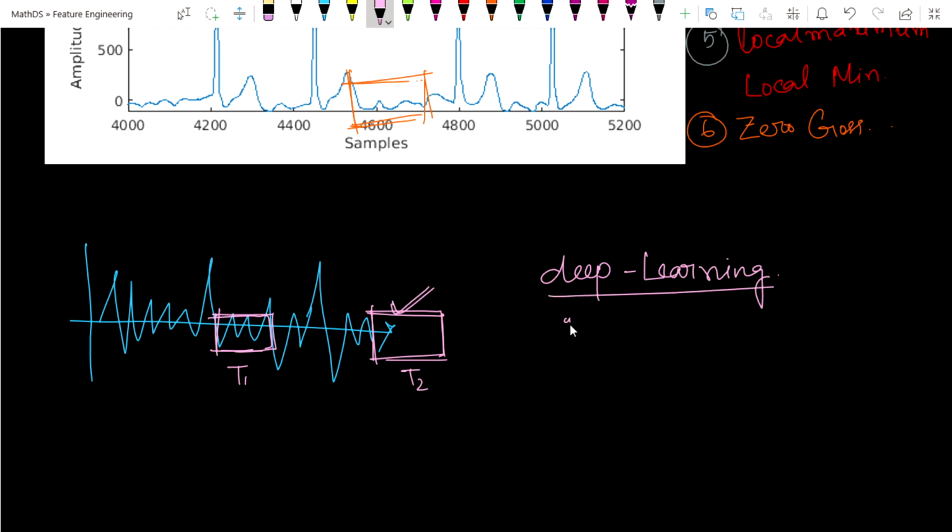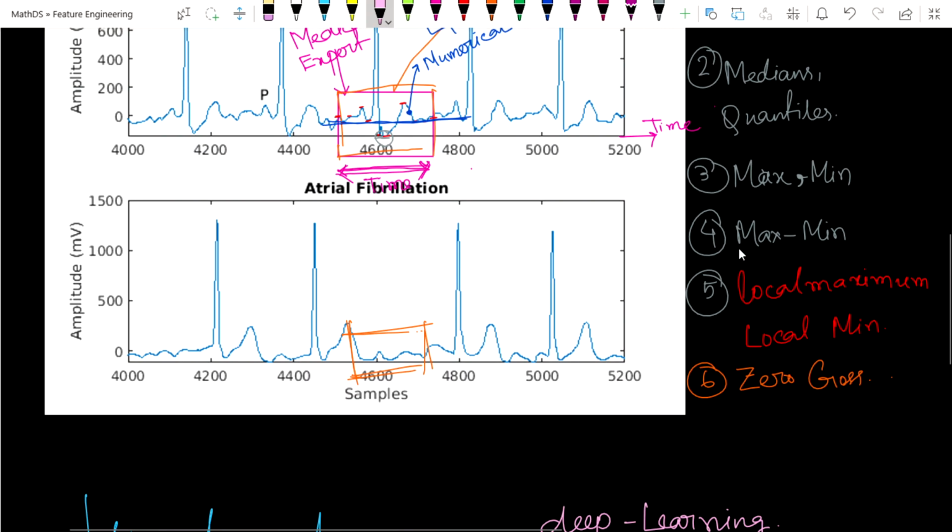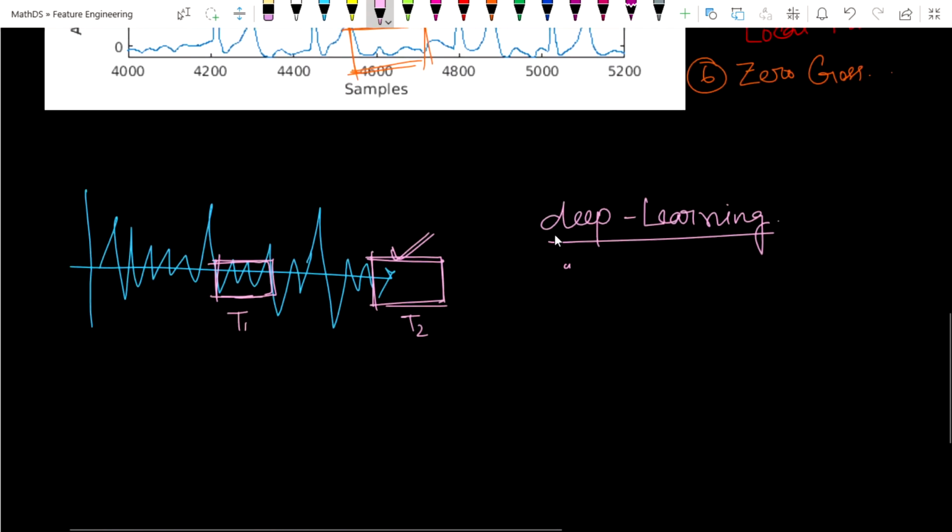The main advantage of deep learning is this: here we have to manually choose these kinds of features, but deep learning automatically detects which features we have to choose or not. Because of these reasons, deep learning is so popular in today's world. We will see it when we learn it.